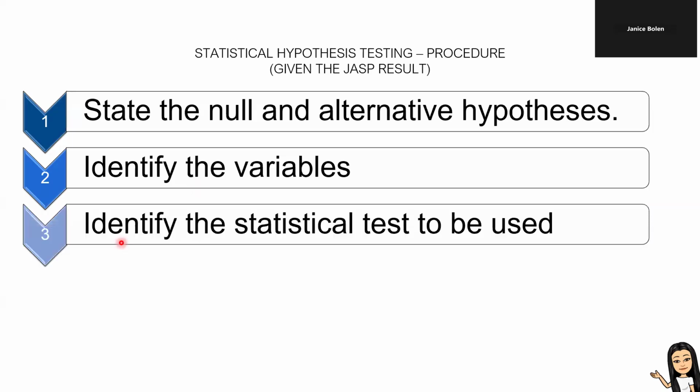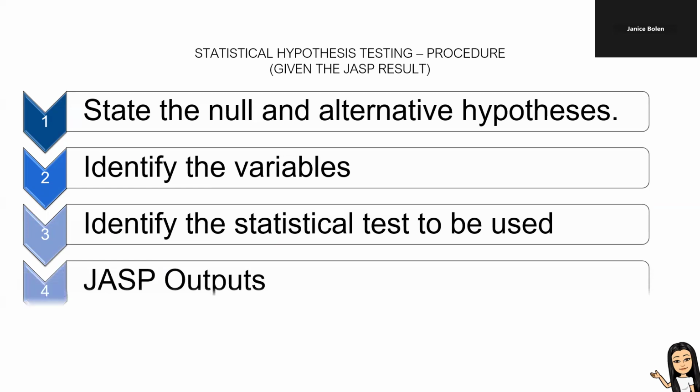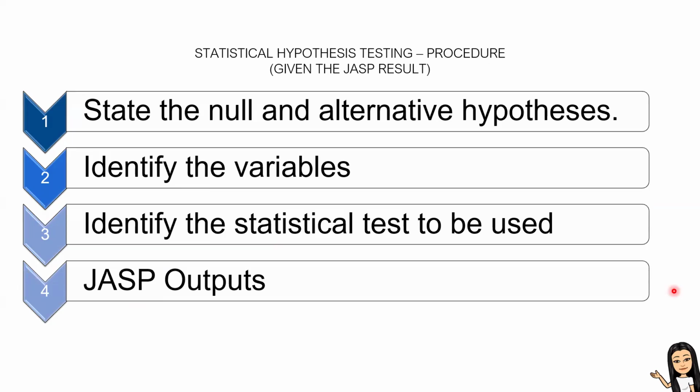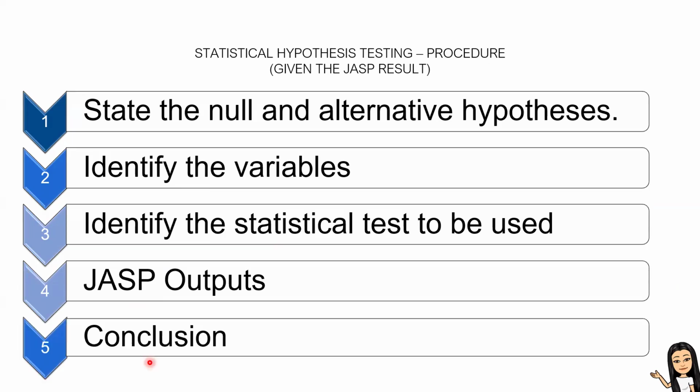Then we indicate the statistical test to be used. For now, we have the independent samples t-test, and then include all the JASP outputs that are needed in order to arrive at the correct interpretation of the result. And of course, we come up with our conclusion.